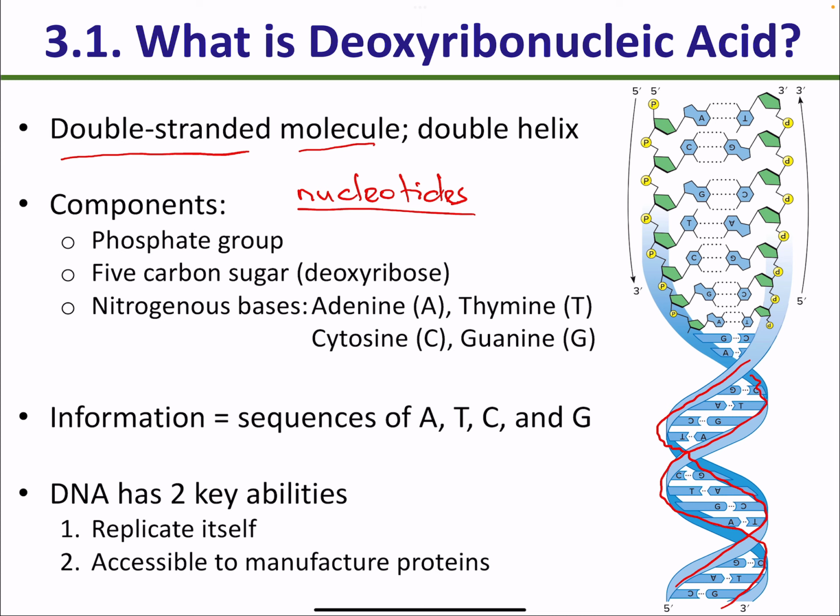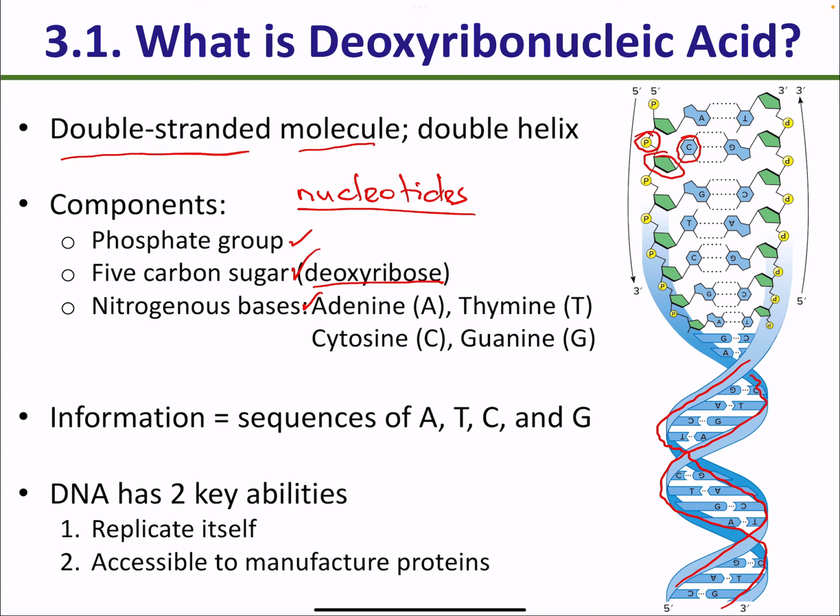And these nucleotides are going to be made up of three parts. One is the phosphate group that we can see right here. Two, a 5-carbon sugar. In this very case, the 5-carbon sugar is called deoxyribose. And finally, we're going to have the nitrogenous base. In this nucleotide, the nitrogenous base is right here.